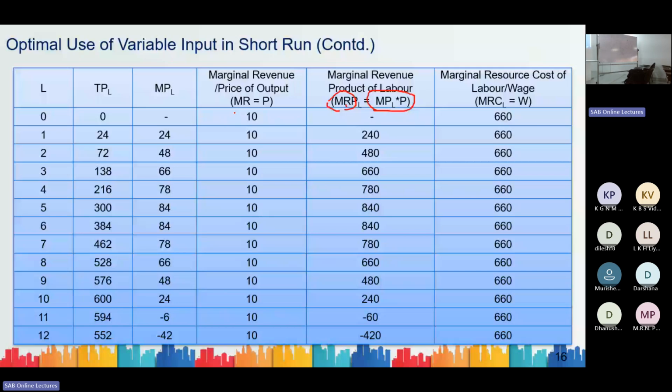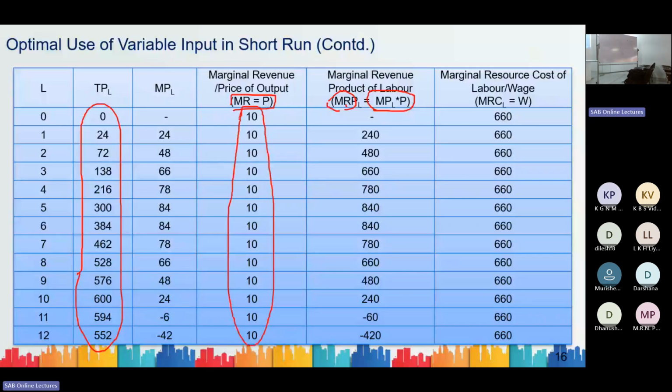Price of the output is constant because this firm is operating in a perfectly competitive market. So this firm is a price taker. Whatever the output level they produce, price does not change.